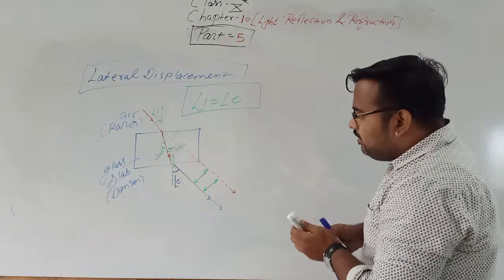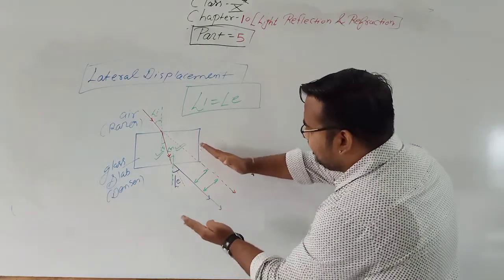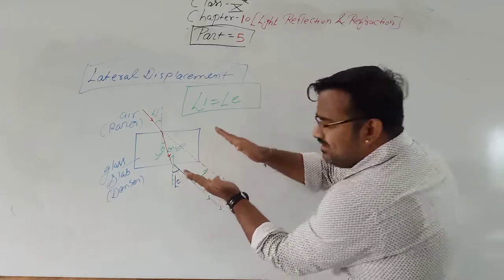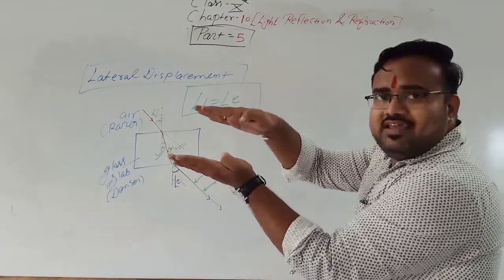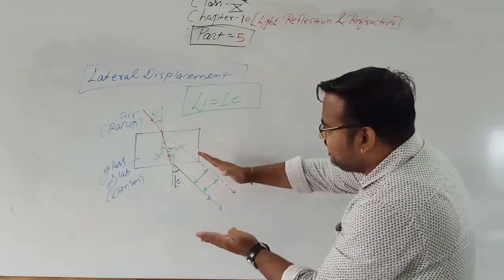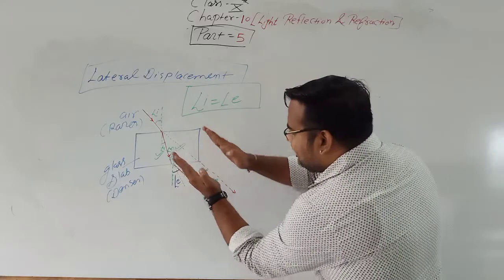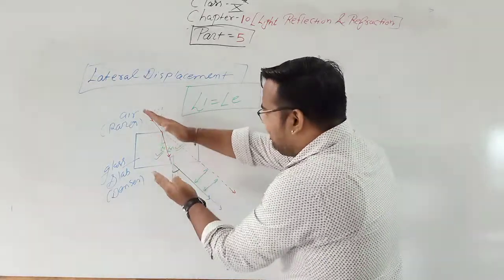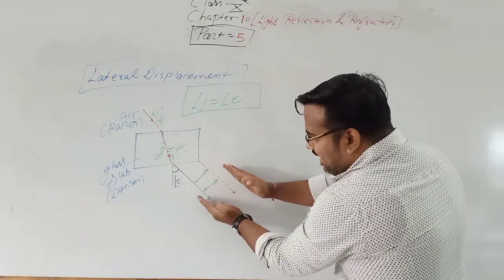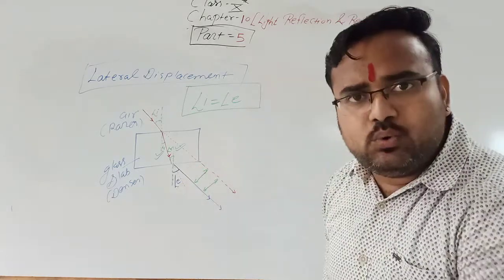Clear? So the incident ray and emerging ray are parallel to each other, and the distance between these two is equal throughout.